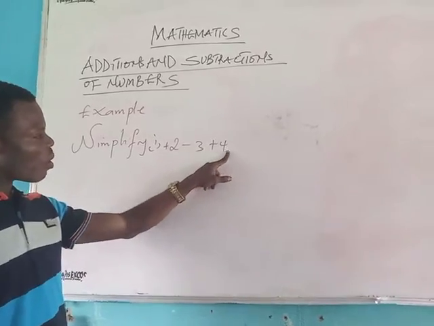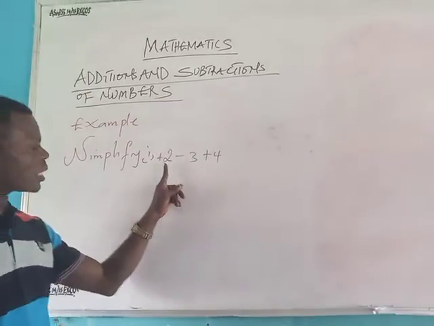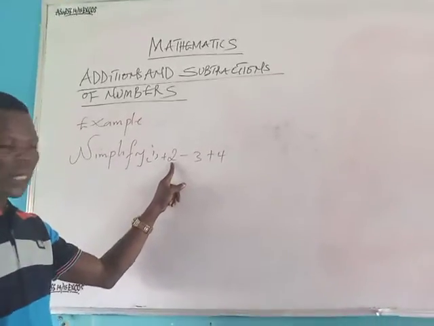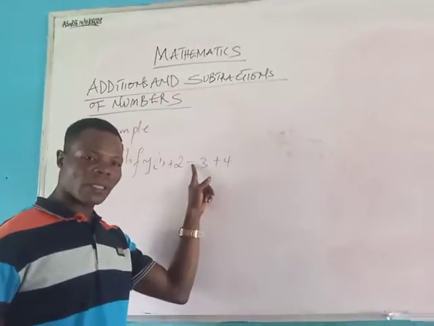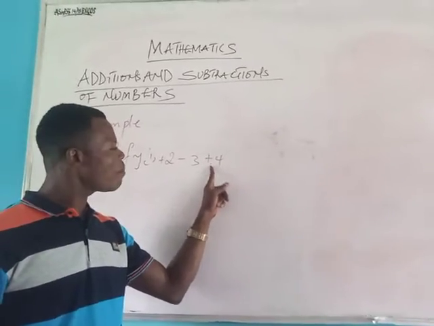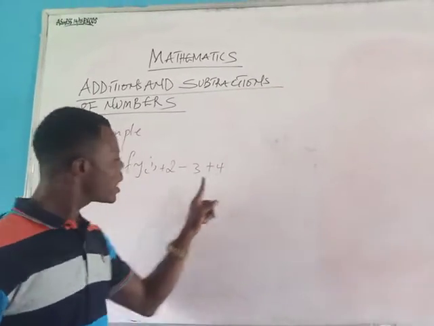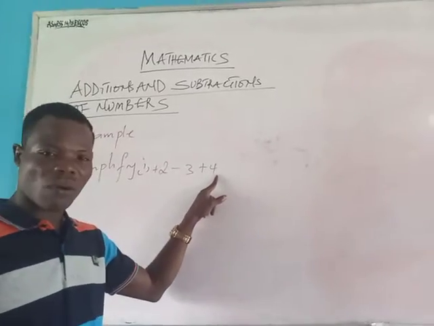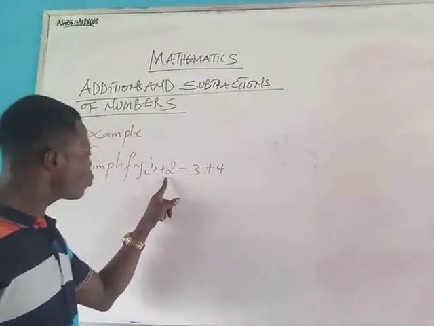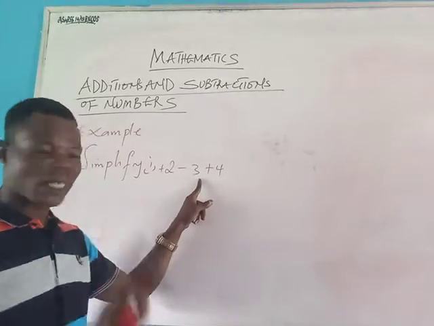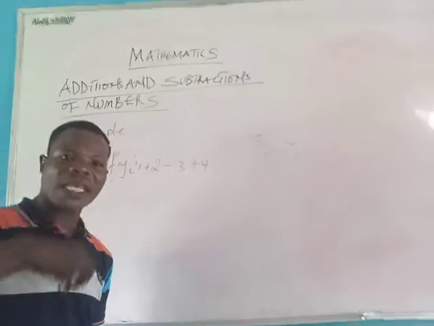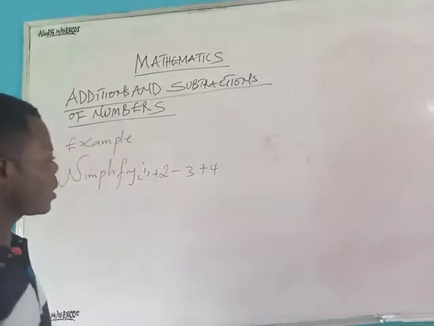Now, come to think of this. This is money. This plus here belongs to 2, and this minus belongs to 3. This plus here belongs to 4. 3 and 4 are not sharing this plus. Likewise, 2 and 3 are not sharing this minus. Every term has its own sign.